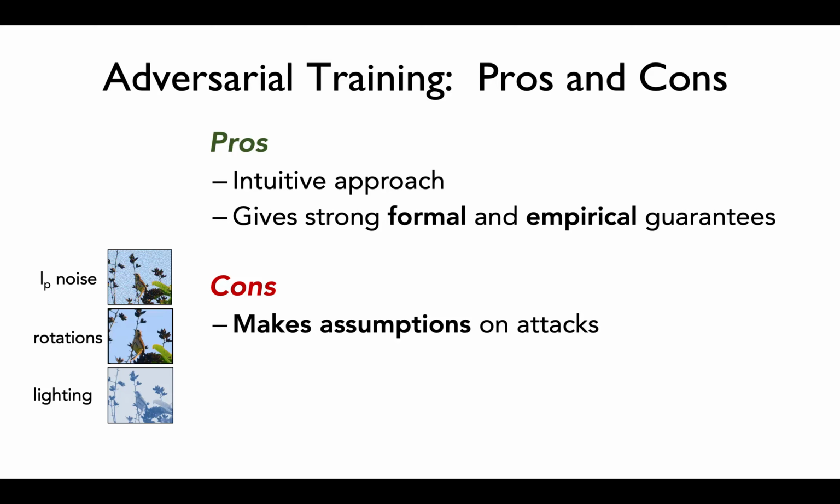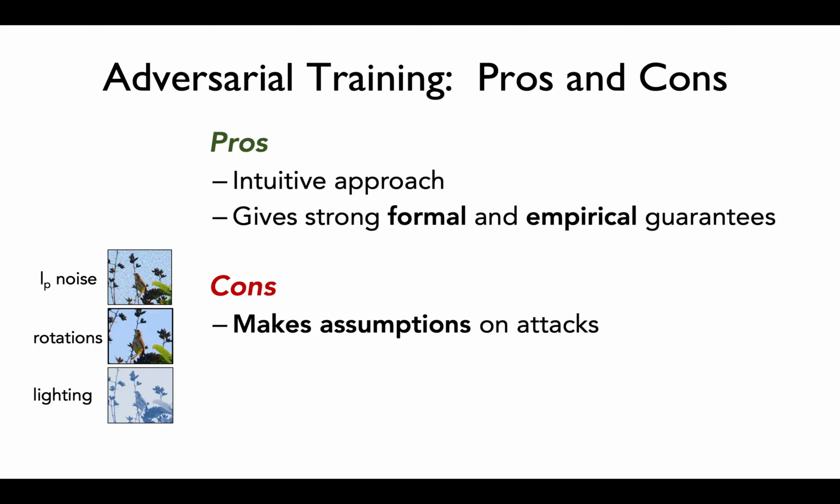So for example, we may assume that the adversary can perturb the image within a certain L norm. For example, it can make changes according to a certain L2 constraint, or an L0 constraint, or an L infinity constraint, depending on their interpretations, as we've discussed in part 2 of our tutorial.